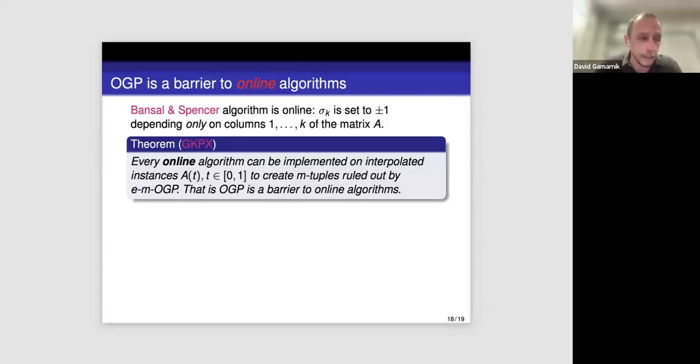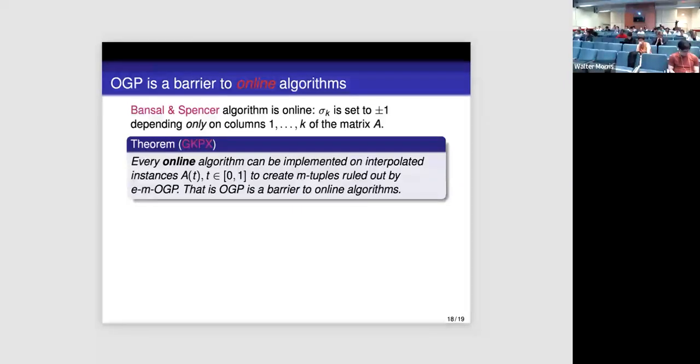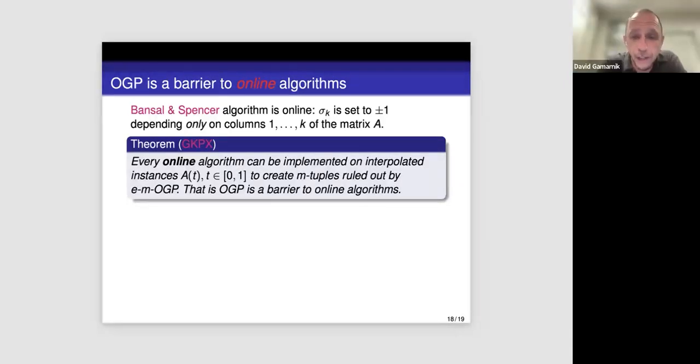Every online algorithm, in the sense roughly that I've described, can be implemented on interpolated instances to create m-tuples, or k-tuples, of solutions, which we know do not exist by this property, and therefore it has to fail, right? So the overlap gap property is a barrier for this new kind of algorithm, online ones, and now we have a complete theory.